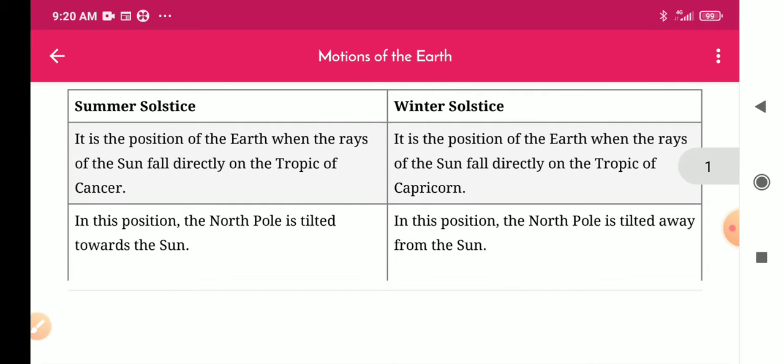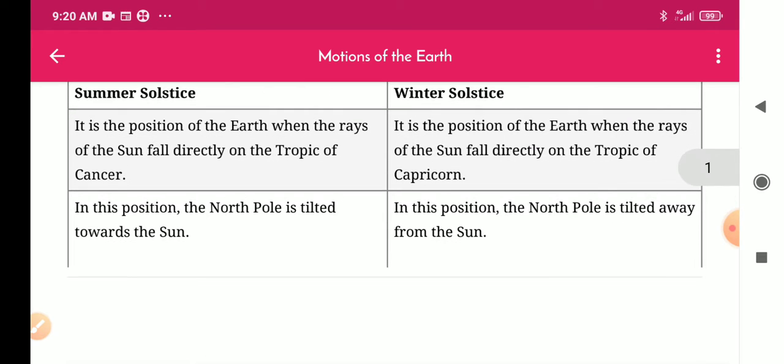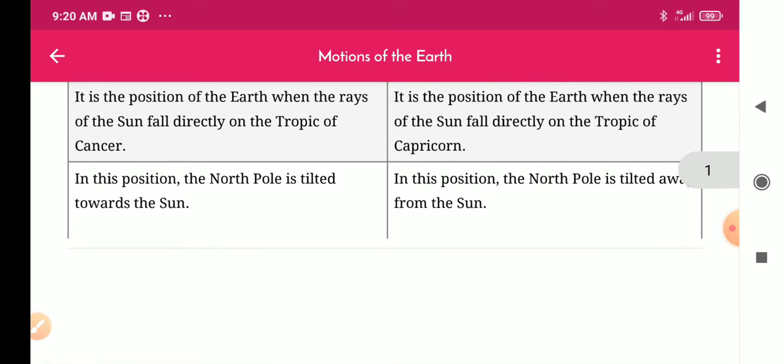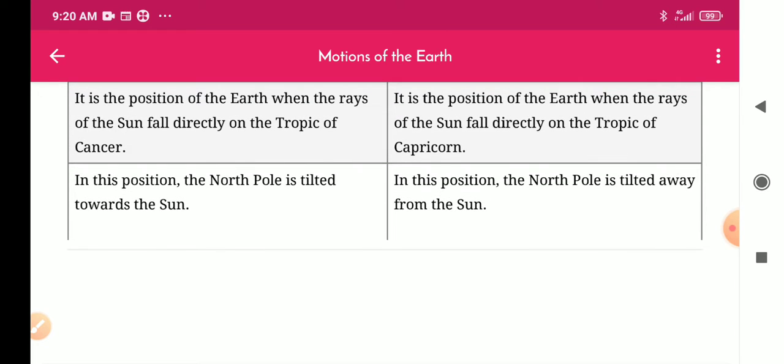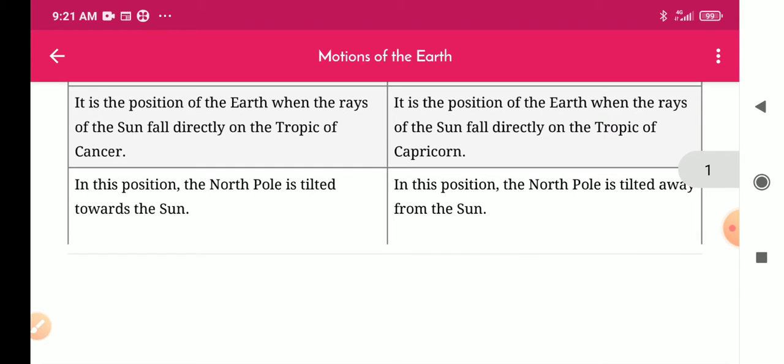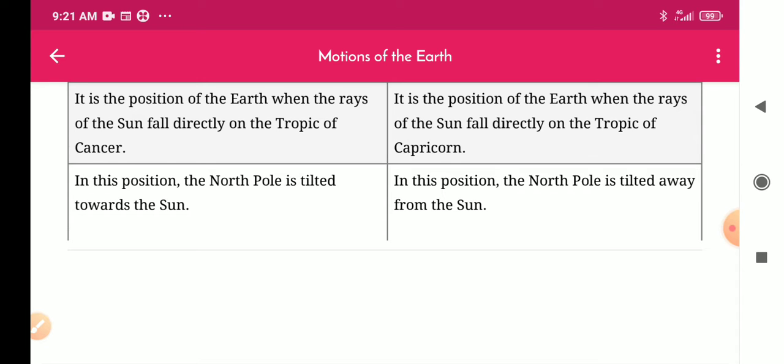Summer solstice is the position of the Earth when the rays of the Sun fall directly on the Tropic of Cancer. In this position, the North Pole is tilted toward the Sun. Winter solstice is the position of the Earth when the rays of the Sun fall directly on the Tropic of Capricorn. In this position, the North Pole is tilted away from the Sun.